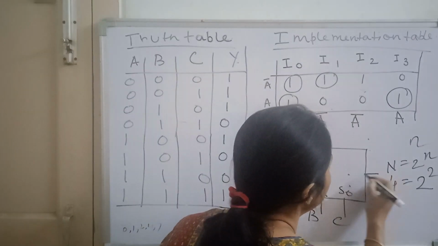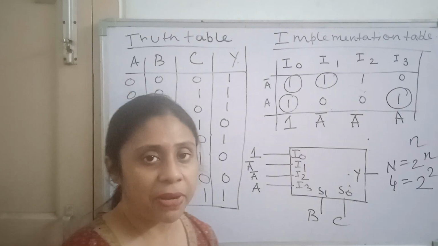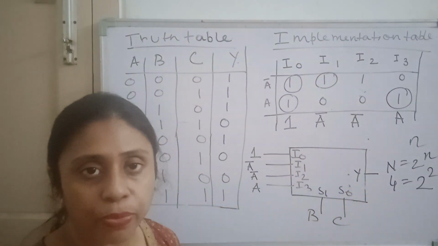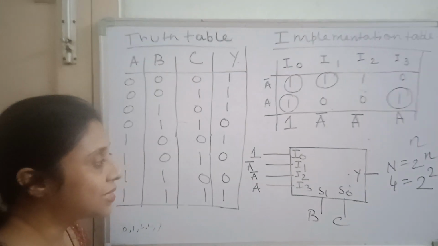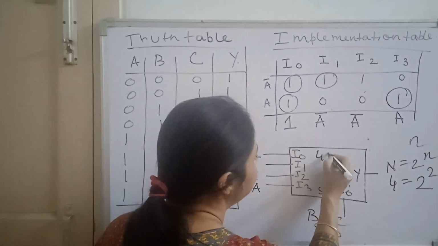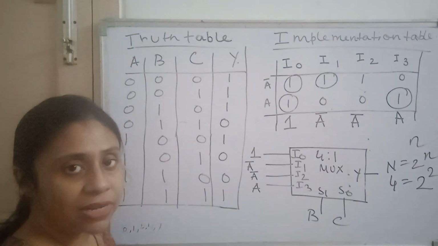There is obviously only one output. Every multiplexer has a single output only. So Y is our output. Right? This is our design. We have completed our design of this 4:1 MUX.